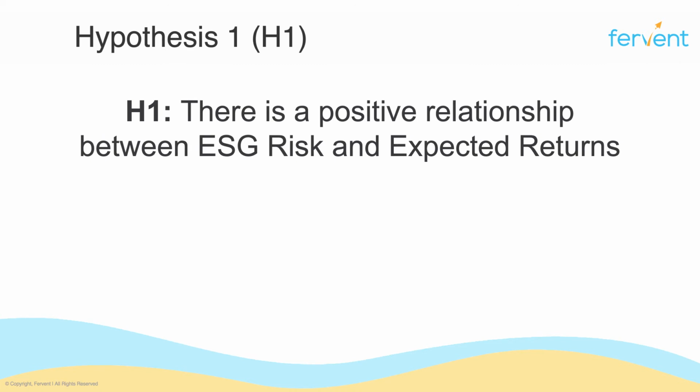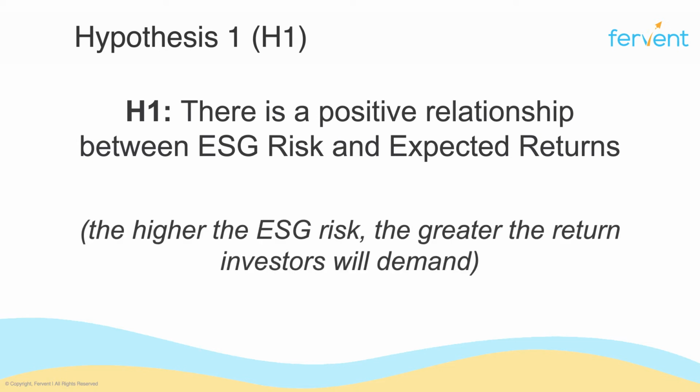So we can say H1, our first hypothesis, is that there's a positive relationship between ESG risk and expected returns, right? And again, this is because we're saying the higher the ESG risk, the greater the return that investors will demand. And so because we expect ESG risk and expected returns to have a proportional relationship, our hypothesis is that there is a positive relationship between ESG risk and expected returns.